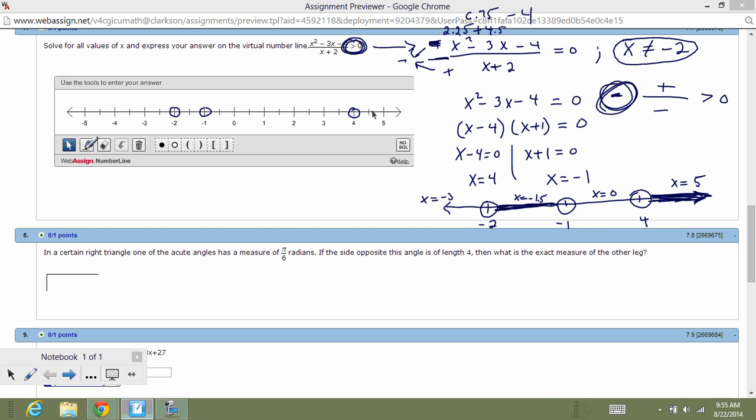And then you pick up and grab the pencil and you shade, you just click in between any identified points, and it will shade the region as you may want. So you would click above the 4 somewhere, and it will shade it all the way down to the bubble that you made. And you click in between minus 2 and minus 1, and it will shade that portion of the graph. And so that's how the virtual tools work.